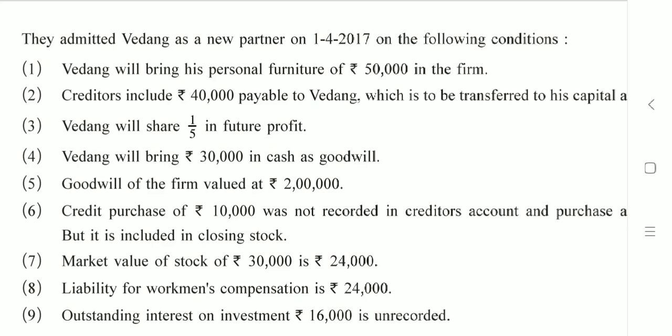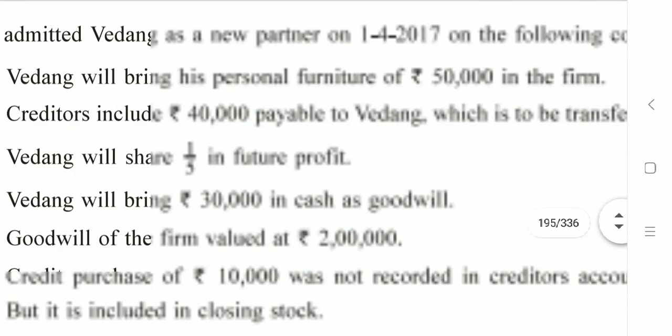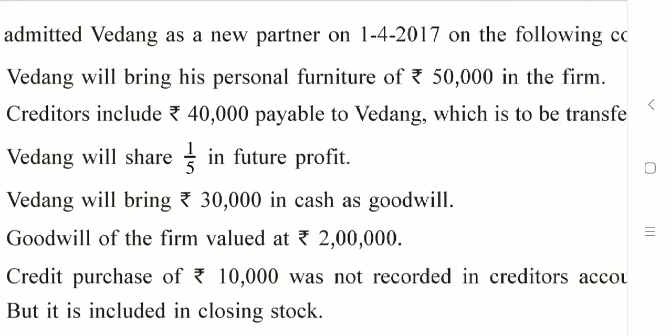Fifth adjustment, fourth and fifth are related. Also I can say third, fourth and fifth are related. Fifth adjustment is goodwill of the firm valued at 2 lakh. This is the new value of goodwill. New partner is supposed to bring the value of goodwill, the amount of goodwill on the basis of the share in profit given to him.